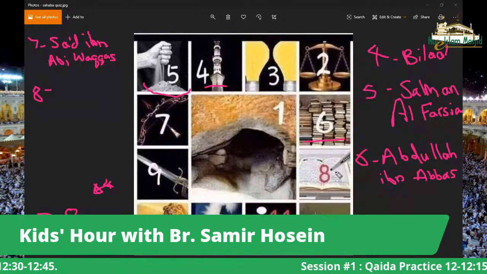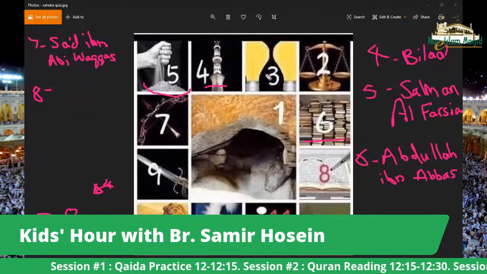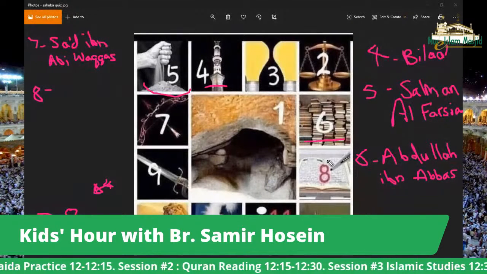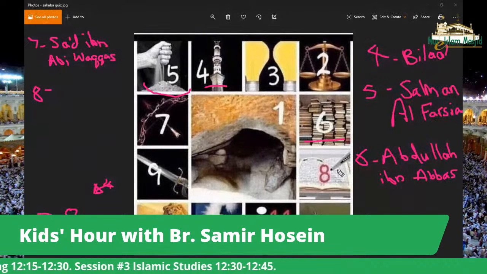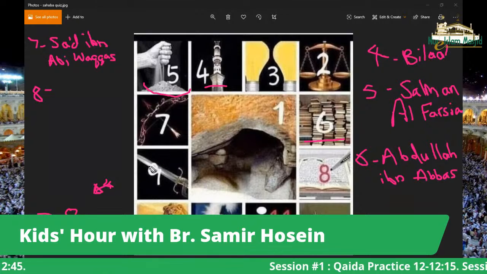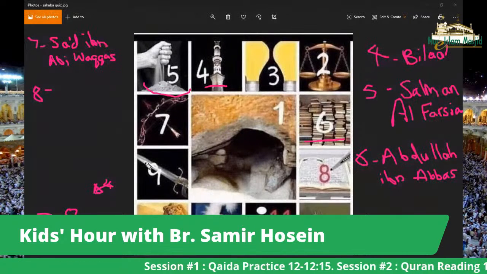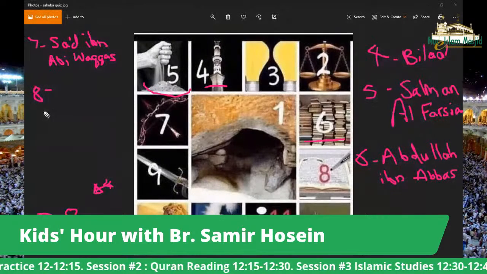So we talked about the fact that it was under the time of Uthman, the leadership of Uthman, that the Quran was written in a book form, right? The book form that we have today. Before that, it was written on tablets. Verses were written on tablets or on different kinds of parchment. It was all over. It wasn't a compiled book form.